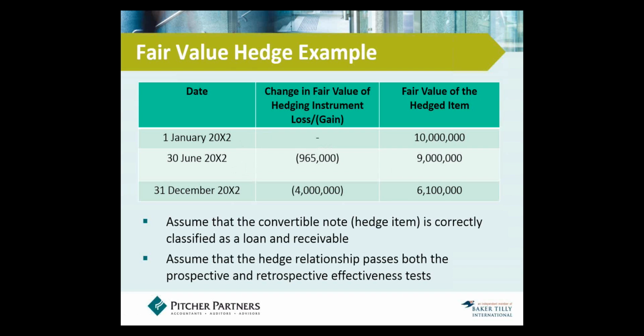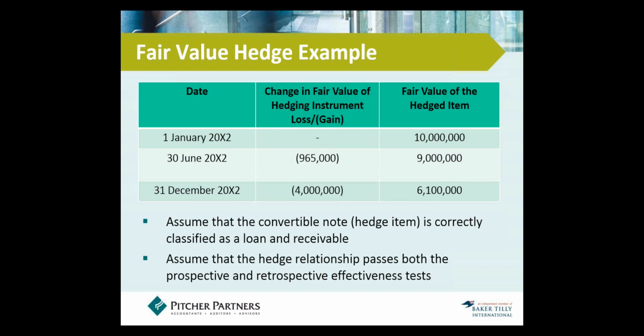How do we account for a loan and receivable subsequent to initial recognition? A loan and receivable would be accounted for at amortized cost. Because we qualify for hedge accounting, because it's effective and it's a fair value hedge, we are worried about the fair value of this hedged item. In this situation, our derivative is at fair value, and now our loan and receivable is also accounted for at fair value and not at amortized cost.